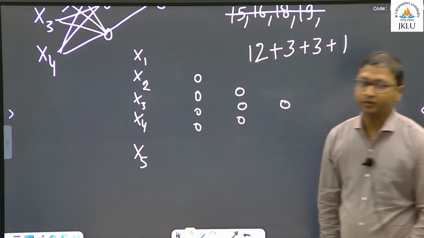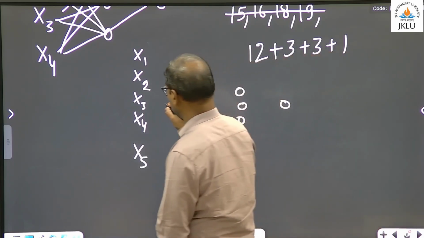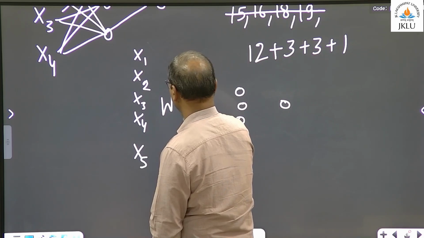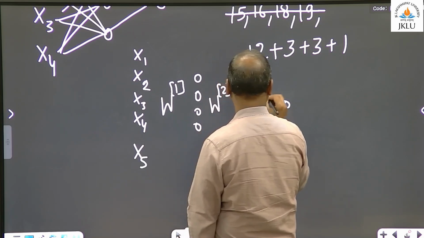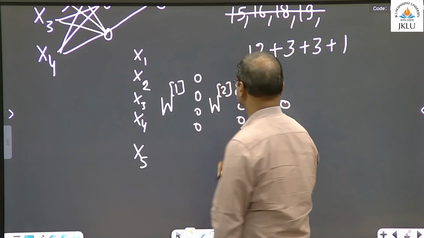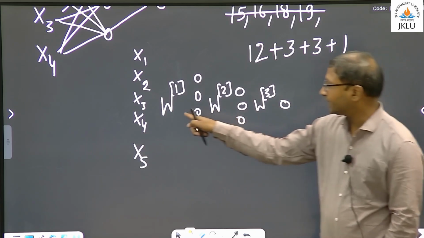How many parameters in this neural network? How many weight matrices do I have? This is for layer 1, this is for layer 2 and this is for layer 3.